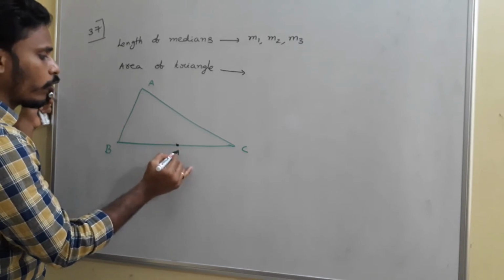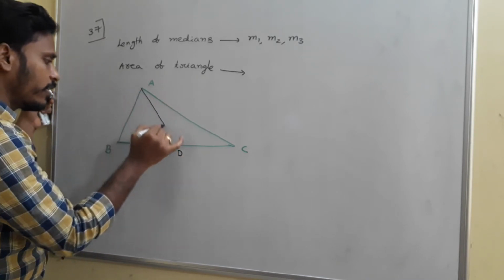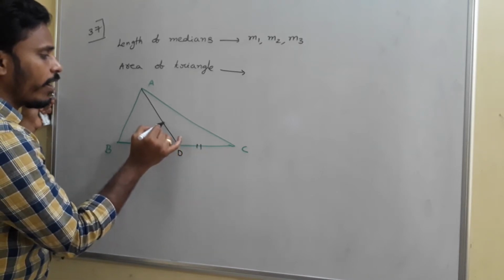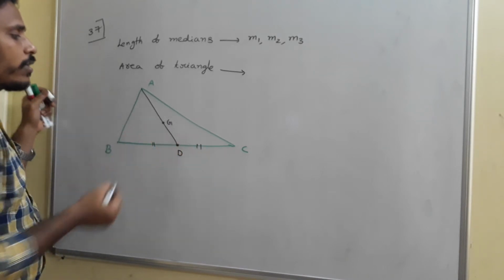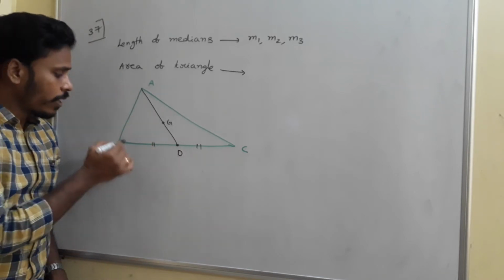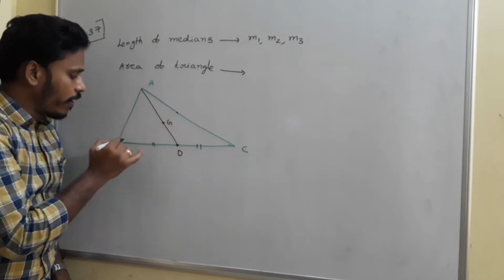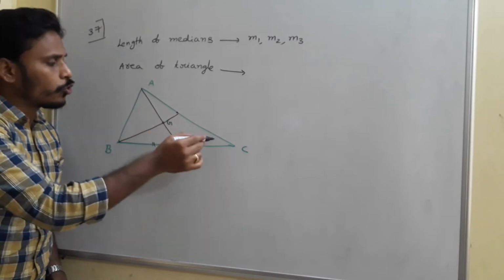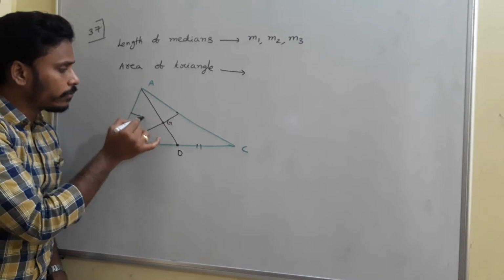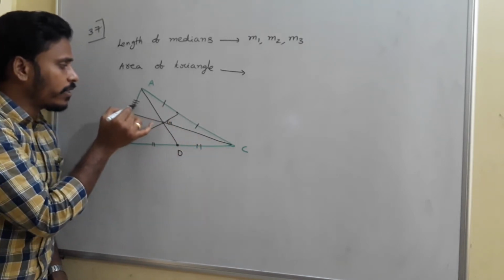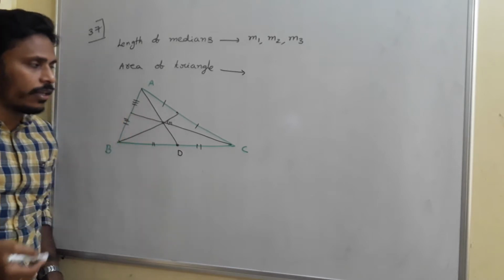D is the midpoint, and AD is the median, and on this median somewhere we have the centroid, which divides the median AD in the ratio 2:1. From B we have another median, and through C also we have another median. I think it is very clear for everybody.